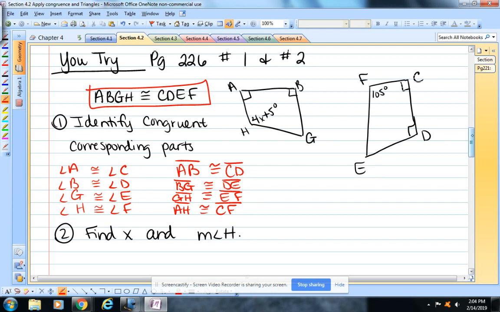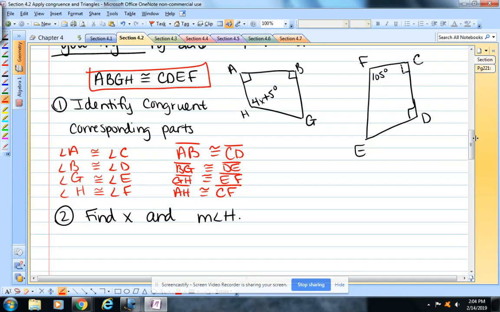All right, now first I want to find x on number 2. Well, I see an x right here on this 4x plus 5, which is what angle? Angle H. Now looking at my names, angle H corresponds with which angle? Angle F. Do I know the measure of angle F? 105 degrees.